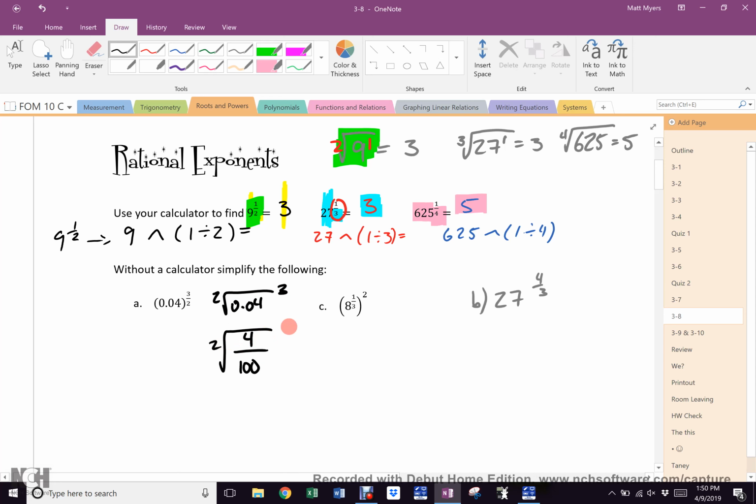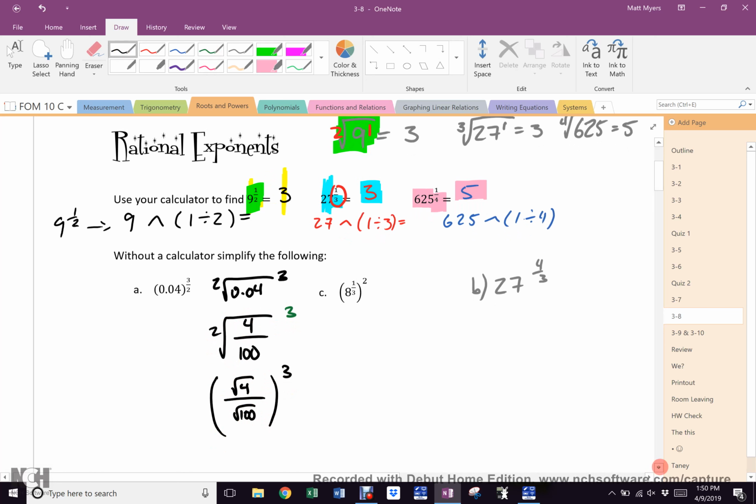And then all of that is cubed. How do we write this in a prettier way? If the square root goes around everything, then what does that mean? It means the square root of 4 over the square root of 100, all to the 3rd power, right?